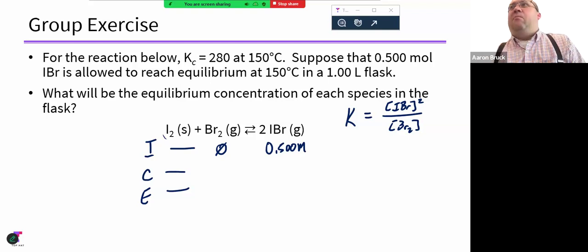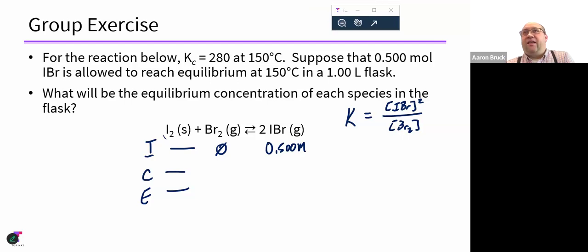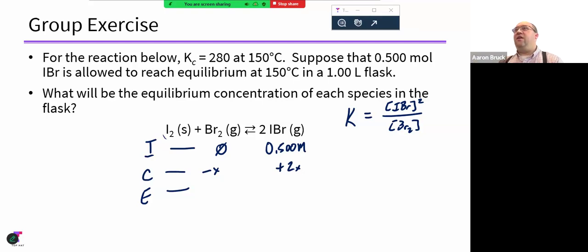But what a lot of you did, and this is a classic mistake, is write minus x, plus 2x, because every problem that we've done so far, we have added product and removed reactant. Well, it doesn't take much logically speaking to go, wait a second, that makes no sense. How do I lose what's not there?